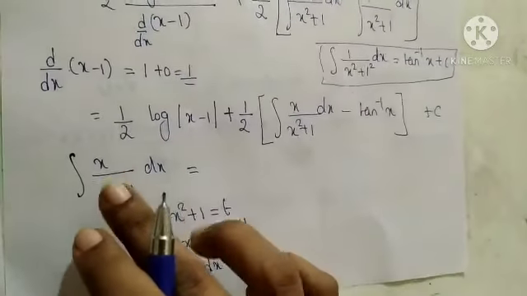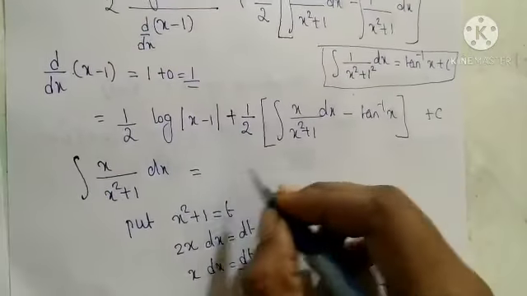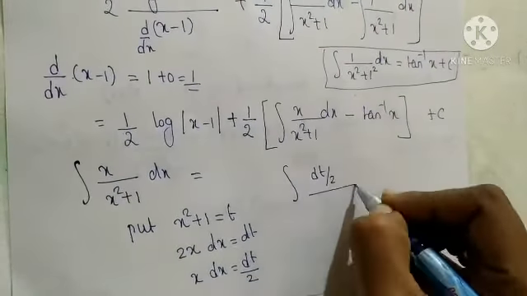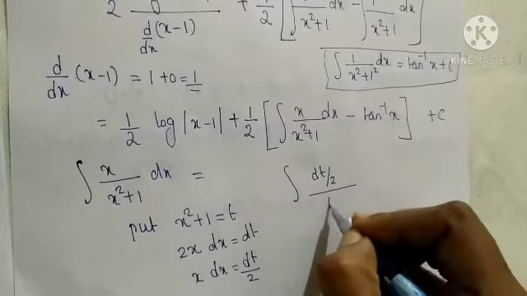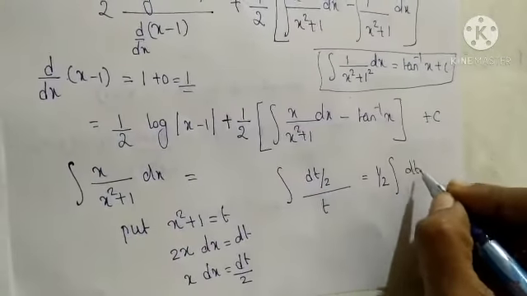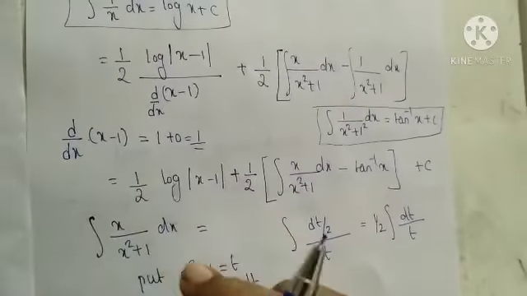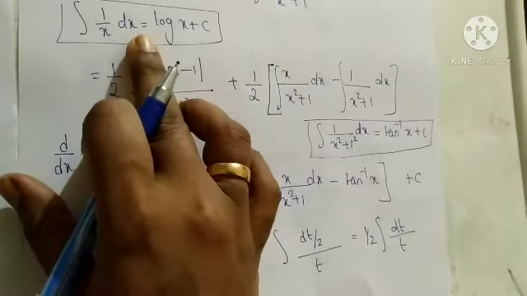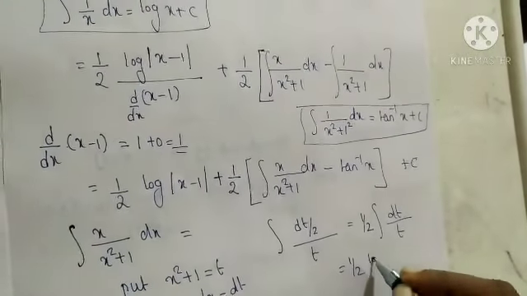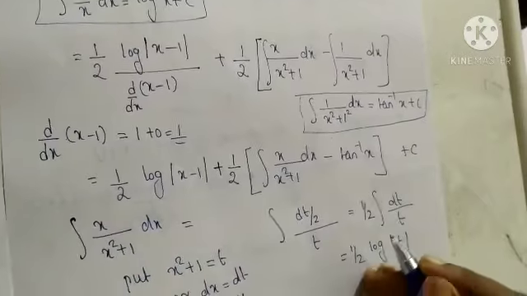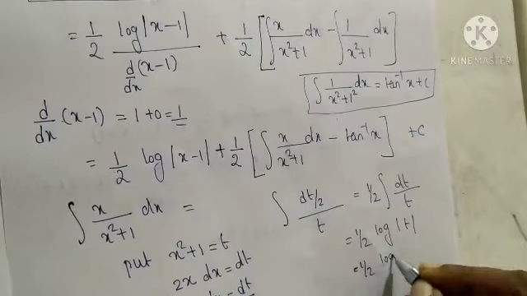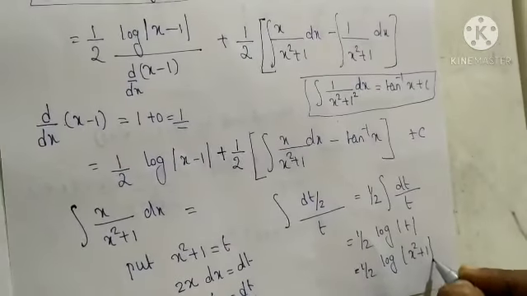So next I am going to transform this x variable into the t variable. So this integral will become: x dx changes to dt by 2, divided by x square plus 1 which changes to t. Here 1 by 2 is a constant, taking it outside the integral, and this can be written as dt by t. So we know that the integral of 1 by x dx is log x plus c. So the integral of 1 by t dt becomes log mod t, and replacing the value of t, log mod x square plus 1.